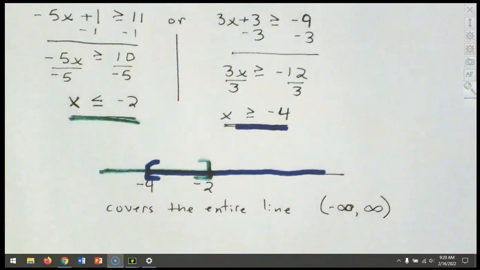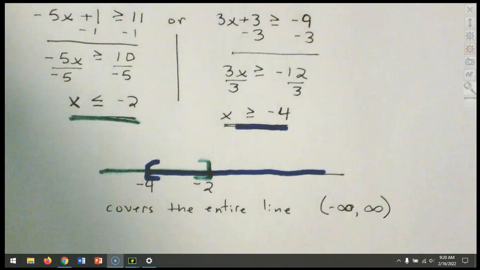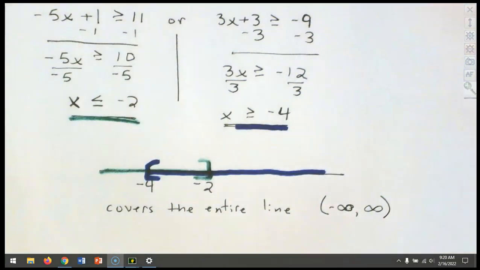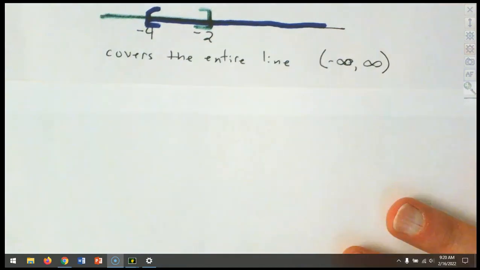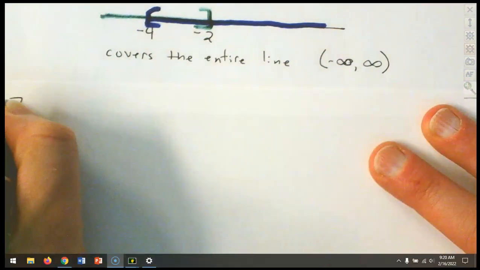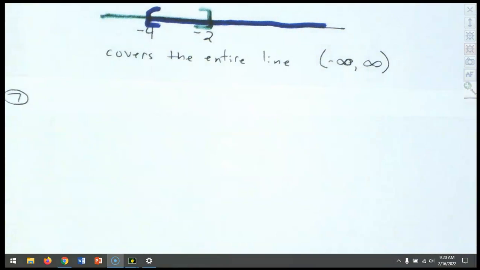Last one of these questions is question 7, and it's another or. And we've got to make sure we read the directions.